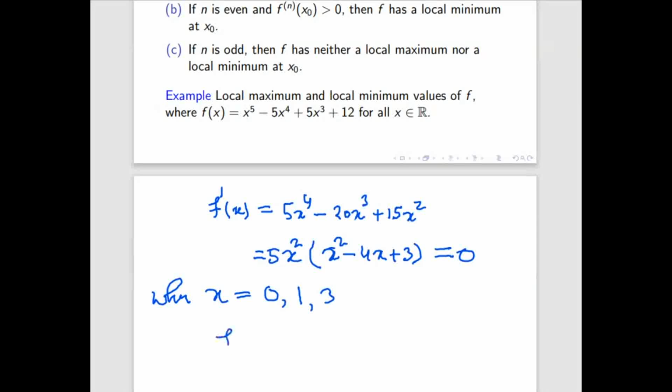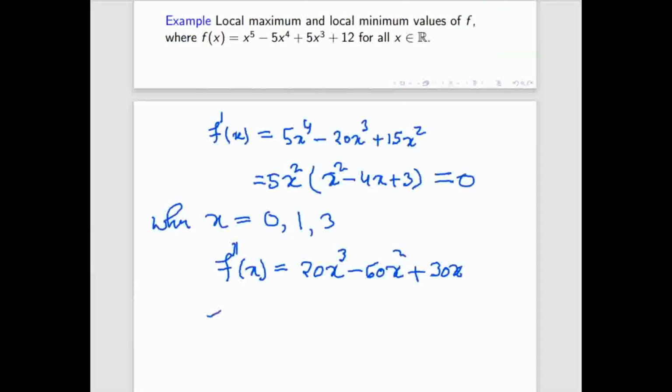Then we'll check the sign of the double derivative. That will give 20x^3 minus 60x^2 plus 30x. So at 0, what is the double derivative? 0.